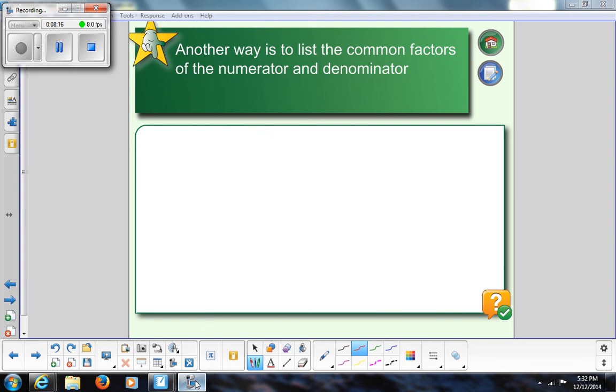All right, so let's try a different one. Let's go with 9/18. Okay, that one's too easy. That's 1/2. Okay, we're not going to go with that one.